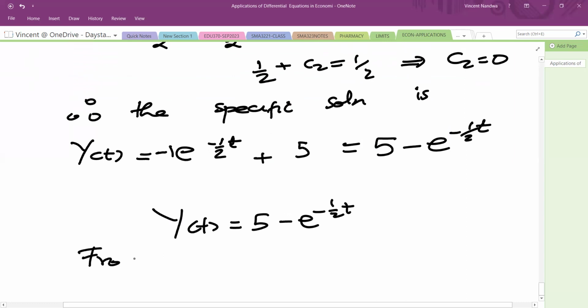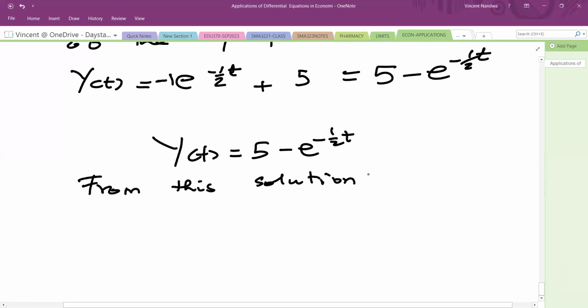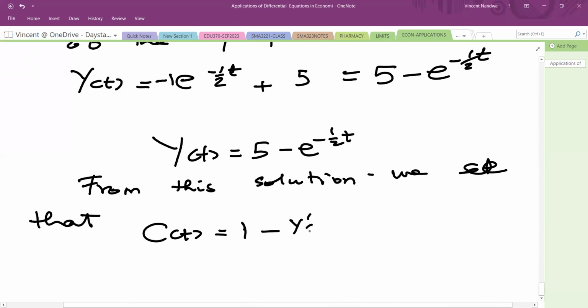But before we do that, from this solution we see that C of t is given by 1 minus y prime of t, which is 1 minus e raised to the power negative t over 2.